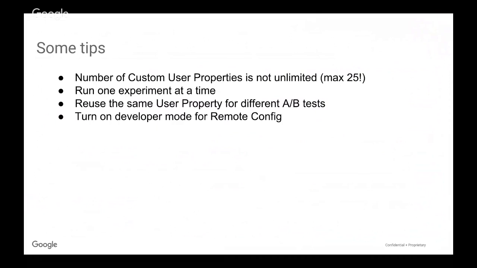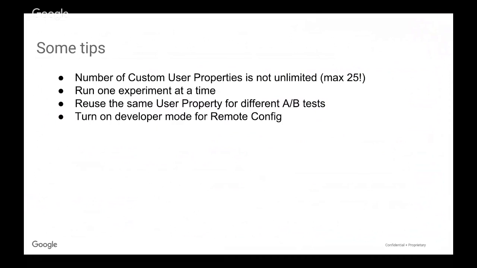25 user property limit. And then the last piece is remember to turn on developer mode for remote config. So remote config, when it is in production environment, has caching behavior, so that you don't need to contact the server all the time, making the communications overhead minimal and even not noticeable.